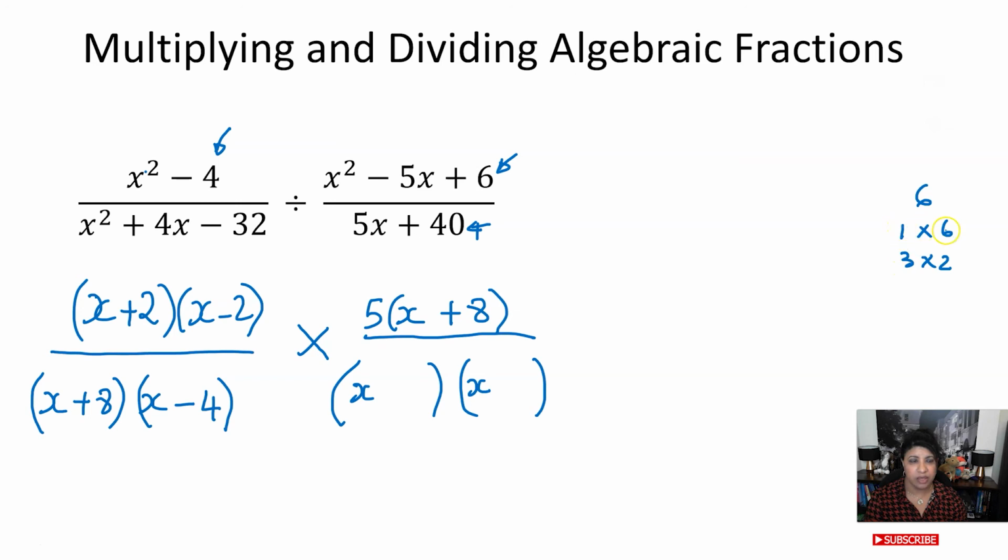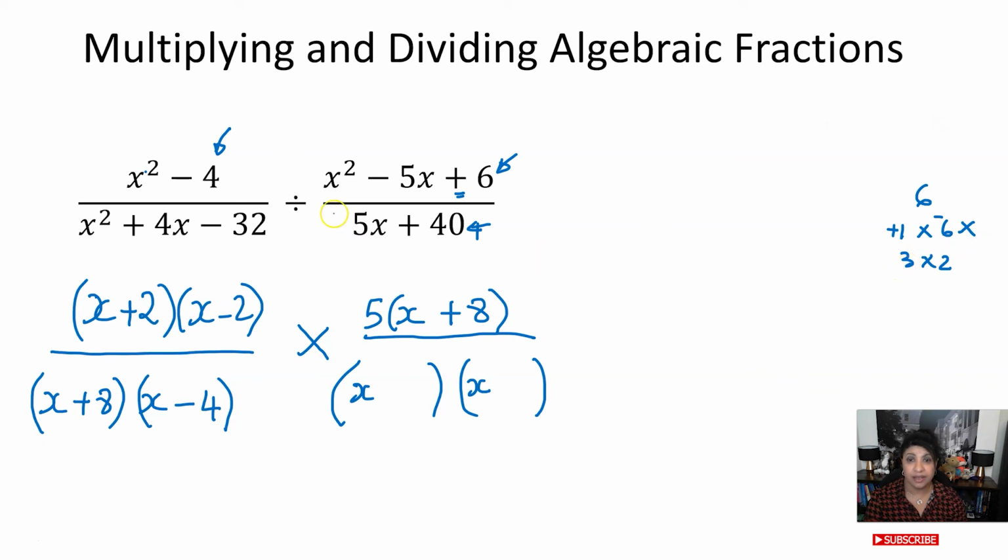Let's see which one will work. So I've got 1 times 6. I need negative 5. So if I make this negative and this positive, that will give me negative 5. But if I do positive 1 times negative 6, I won't get plus 6. I will get negative 6. So this one is the wrong one. Now let's try 3 and 2.